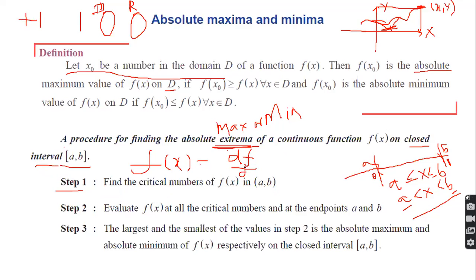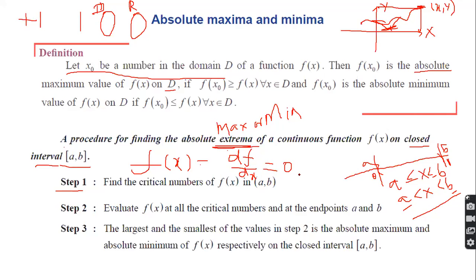Find df by dx and then set it equal to 0. Finding the first derivative of the given y equal to f of x, then equating to 0. If you solve this equation, you will get the point x comma y, or the point of x. That point is called the critical number.